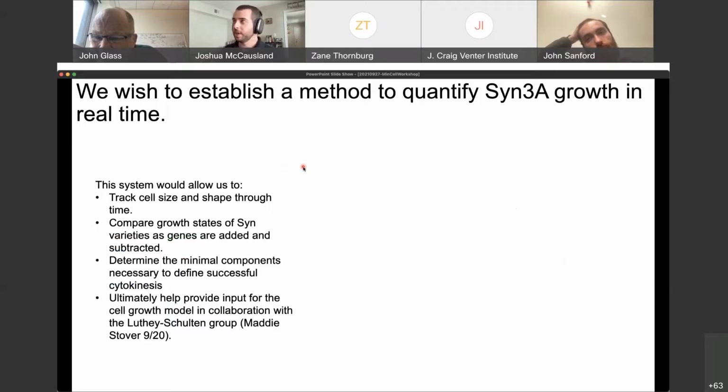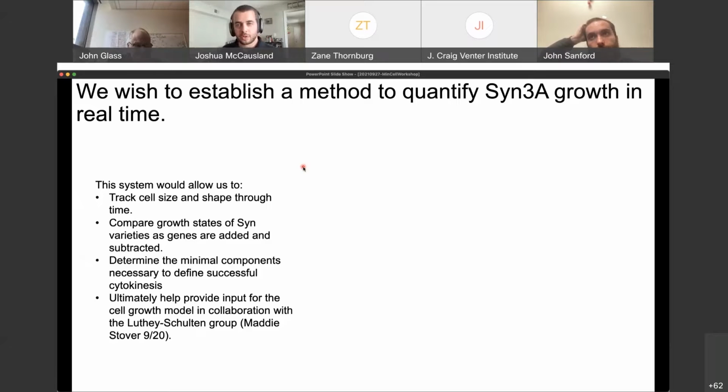And this would be helpful because then we can compare growth states of various Syn varieties as genes are added back in or subtracted, or whatever minimal components you might mix around in your media. You can see how that affects individual cells. And ultimately, we're doing this in collaboration with the Luthey-Schulten group, in particular with Maddie Stover's talk, who talked last week, for them to develop a kinetic model for cell growth.